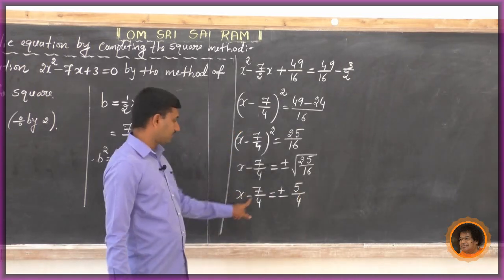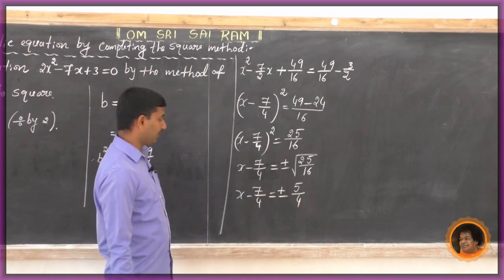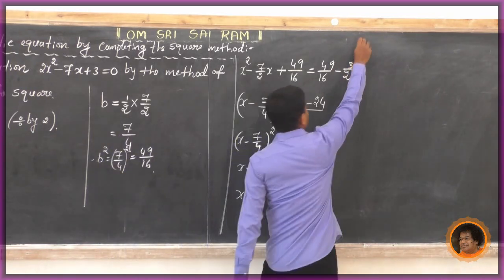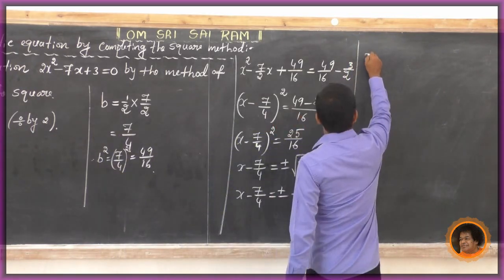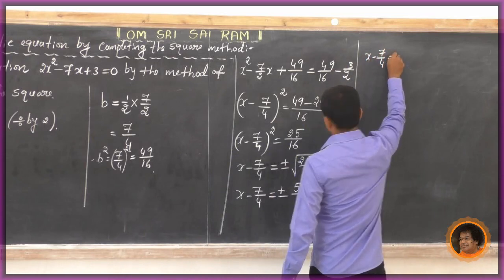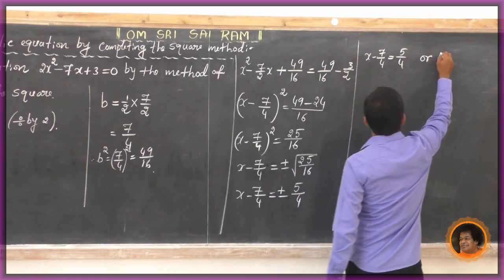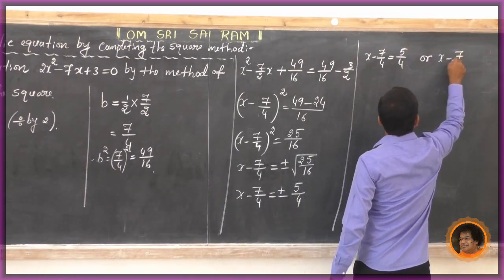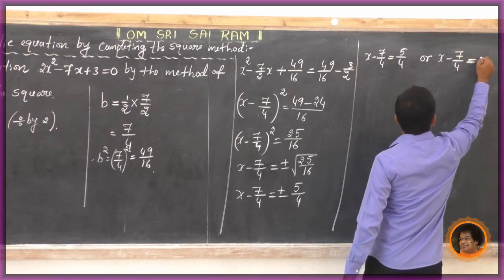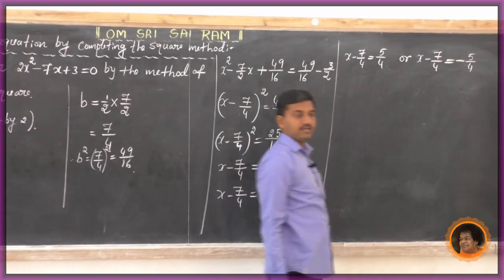So therefore x minus 7 by 4 equal to plus or minus 5 by 4. Now we have to find the value of x. So how to find the value of x? x minus 7 by 4 equal to plus 5 by 4, or x minus 7 by 4 equal to minus 5 by 4.